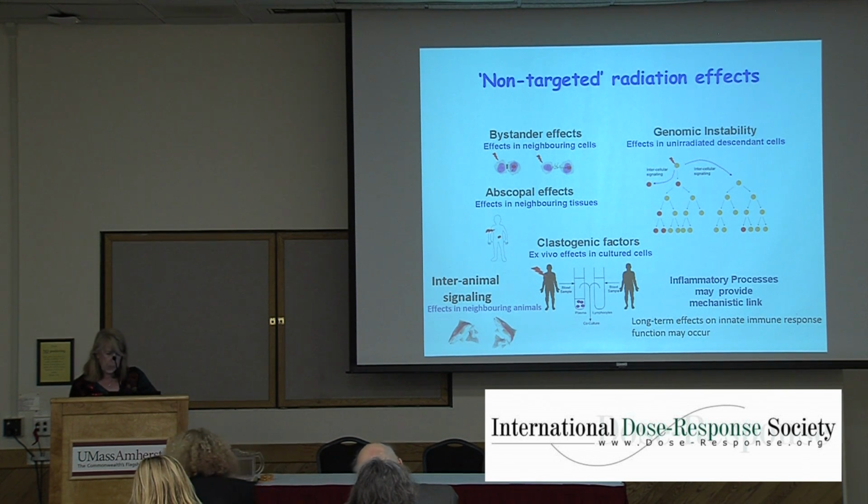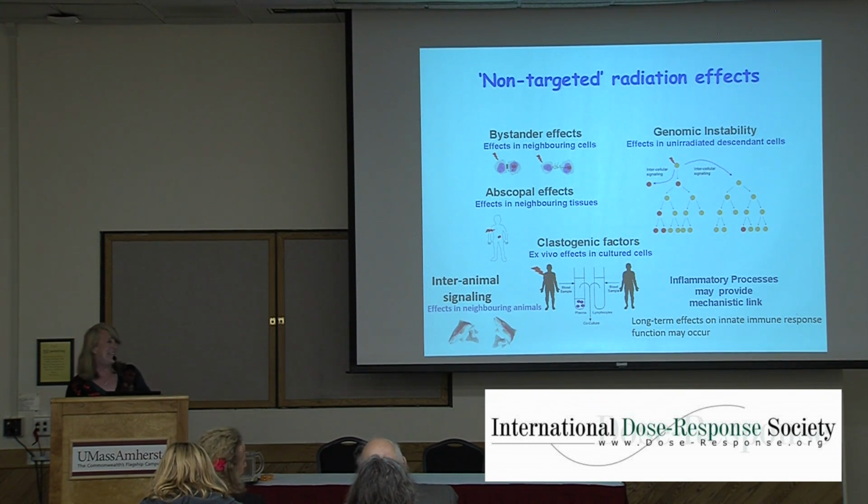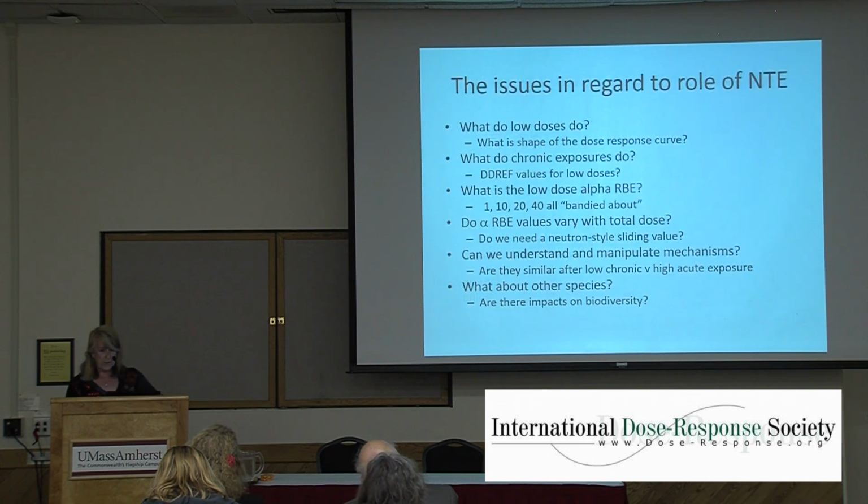And these are causing a lot of angst in radiation protection circles, because we don't know how to handle them. We don't know what they do to the risk, which, as Jerry very clearly told everyone, is at the moment extrapolated from high doses. We assume that you just get less of the same effect as you decrease the dose.